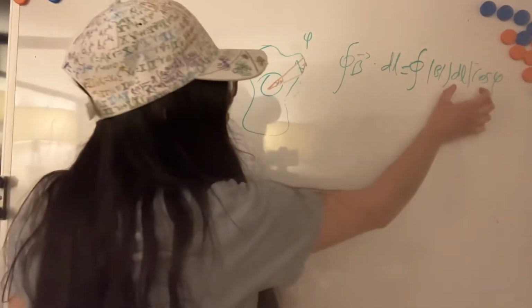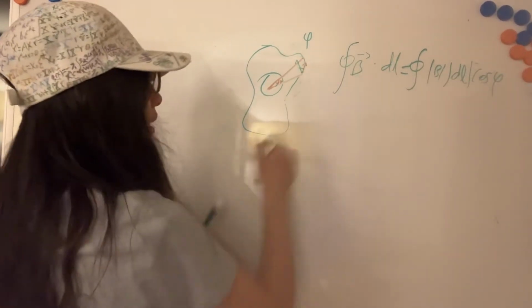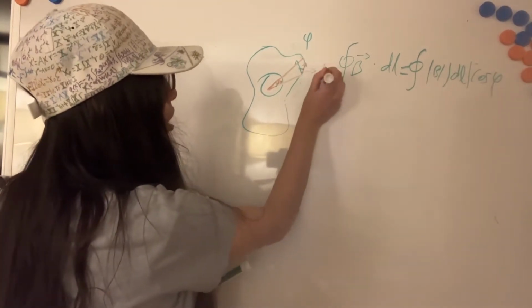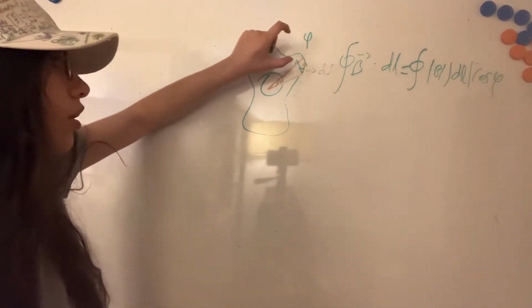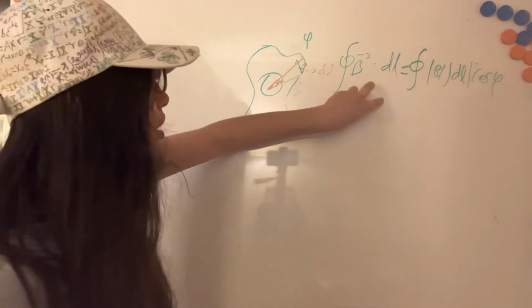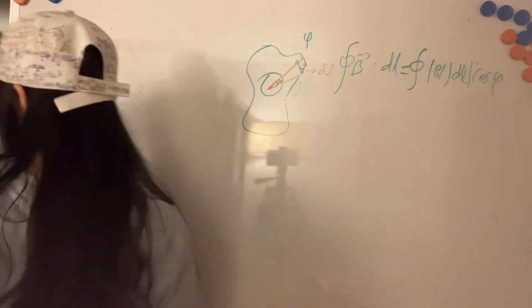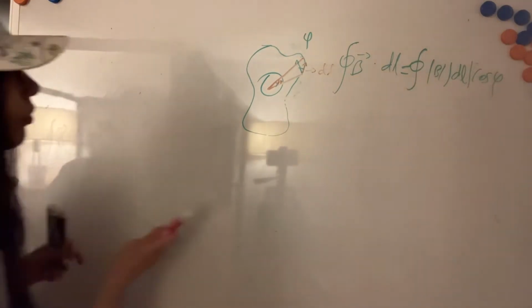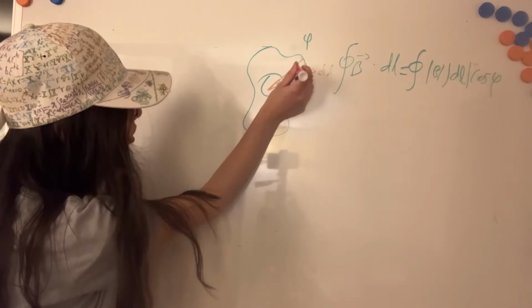This dl cosine phi is the projection of dl onto the magnetic field. So it is the component of dl in the direction of the magnetic field. If you draw down this vector and you take the projection, you actually are talking about this.